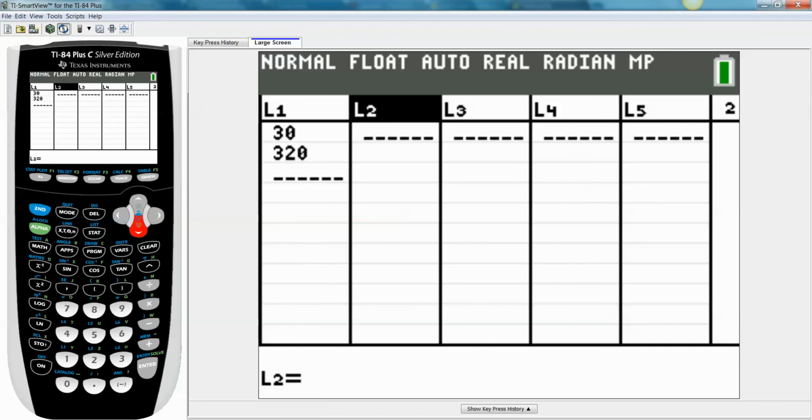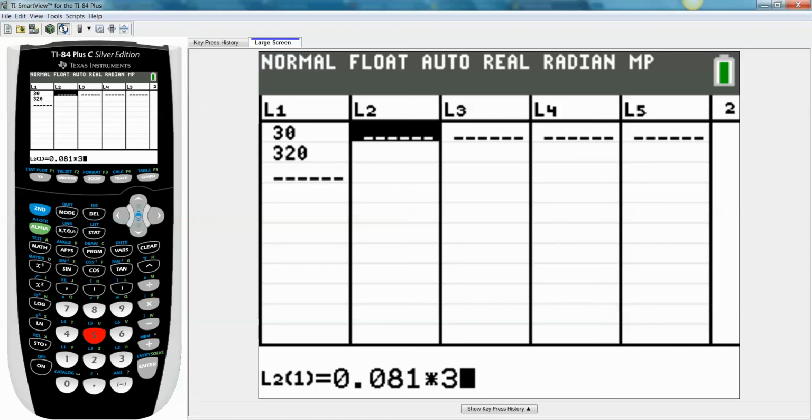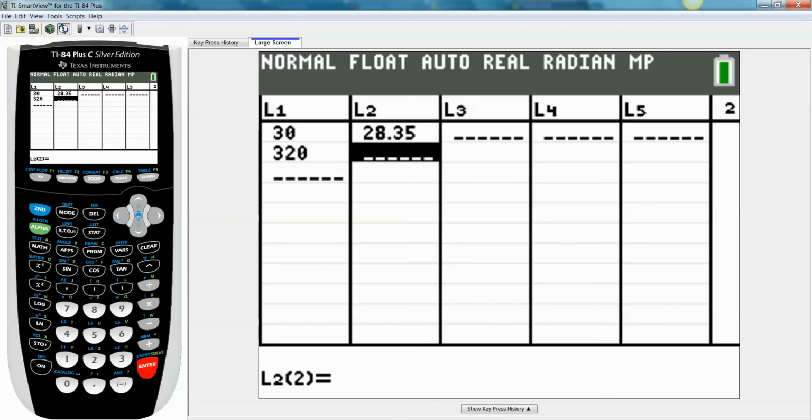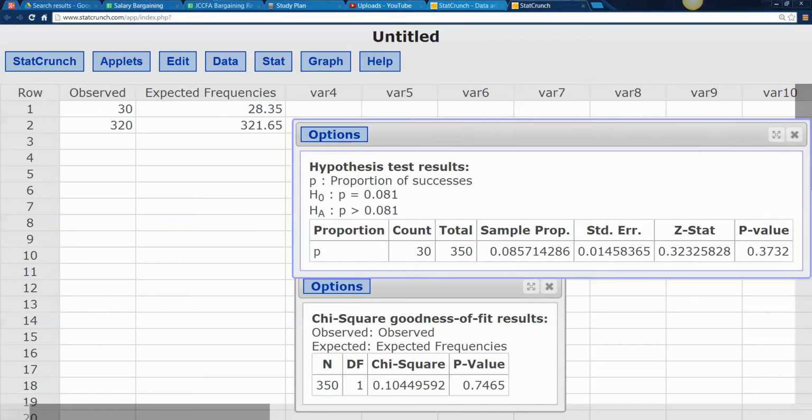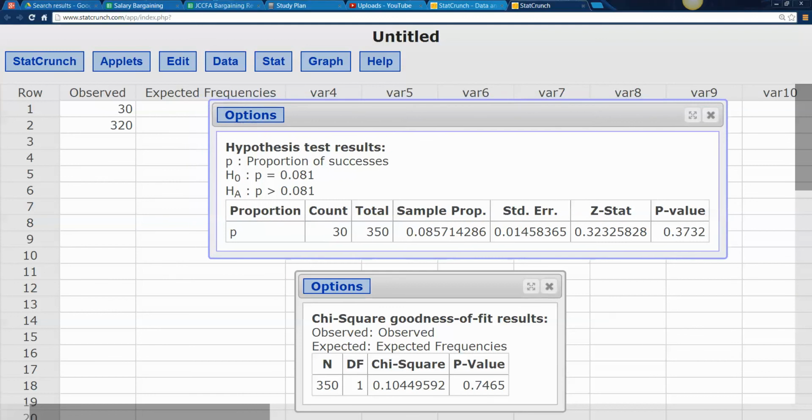And then over here, we had 0.081 times 350. And then this is 0.919 times 350. And there you go. And then you run, and let me double check that real quick before I do it. Yep, 321.65, that was correct.